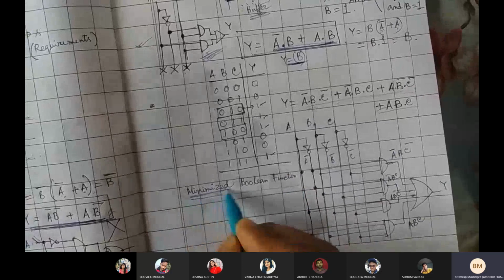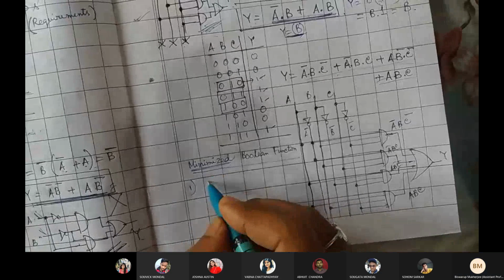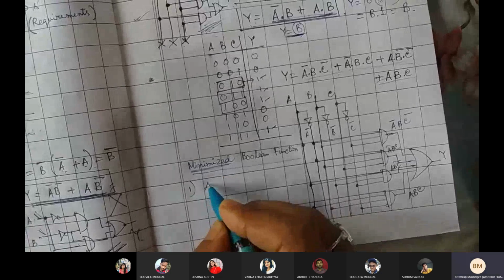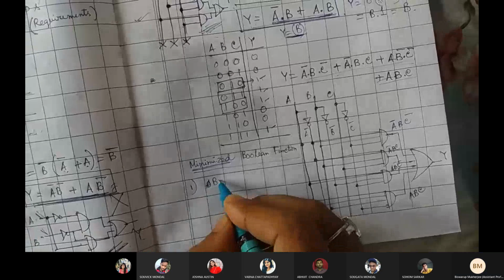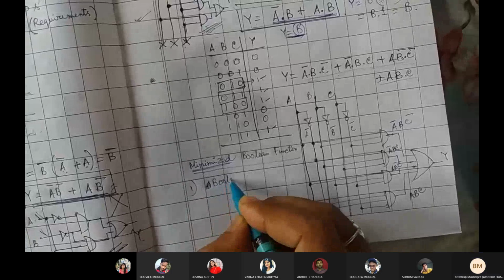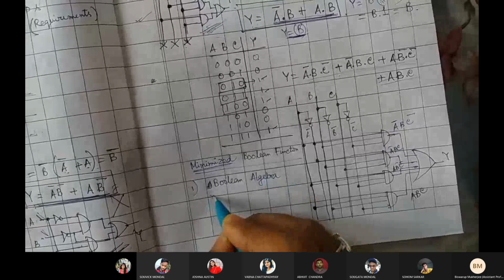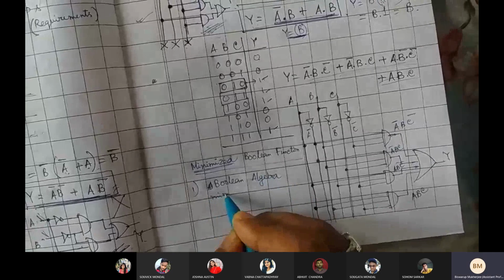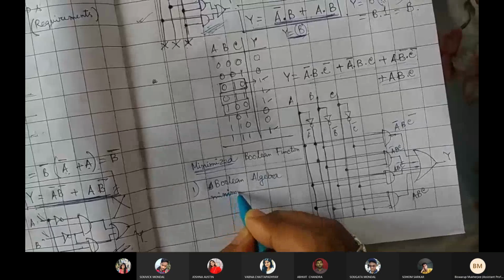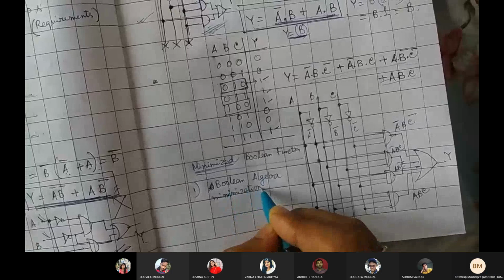We need to find out a minimized Boolean function, and for that you need to go for some Boolean algebra minimization technique. You need to follow that process.